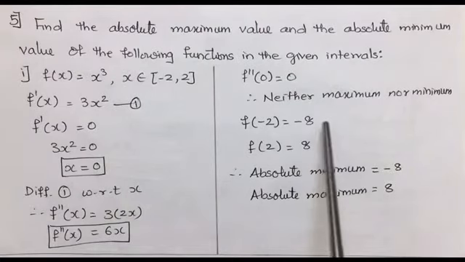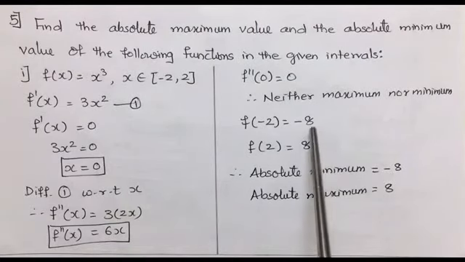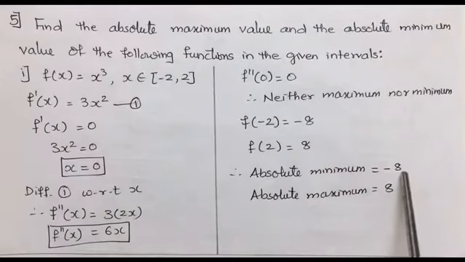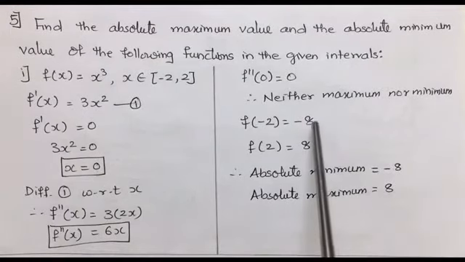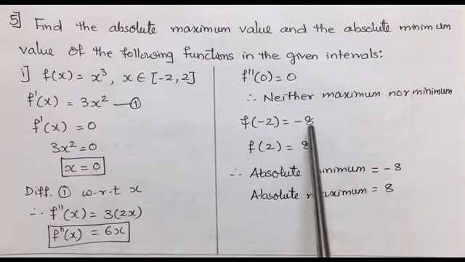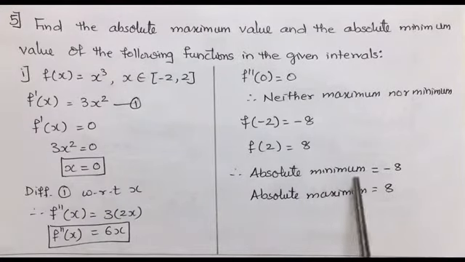Now comparing minus 8 and 8, the minimum value will be minus 8 and the maximum value will be 8. So absolute minimum is minus 8 and absolute maximum is 8. We have to just compare the values. Negative will always be less than the positive ones.